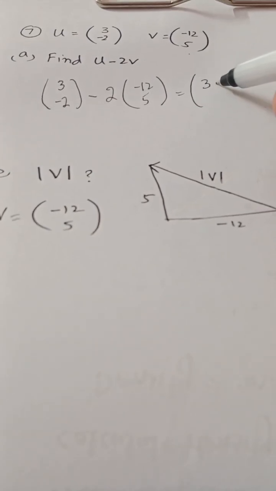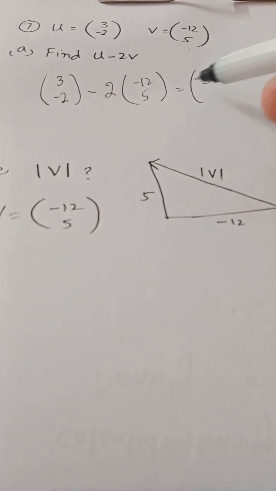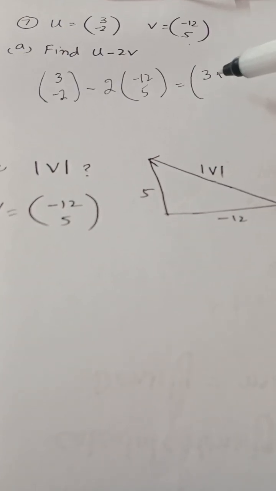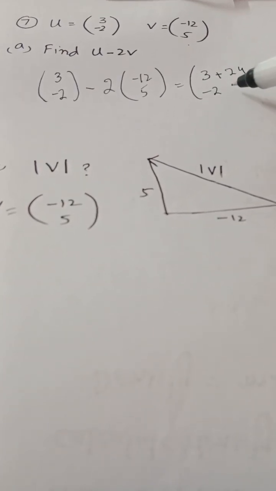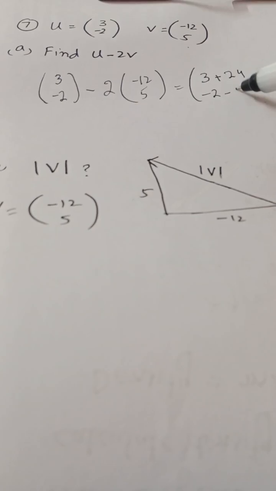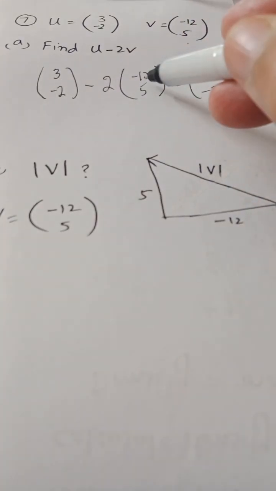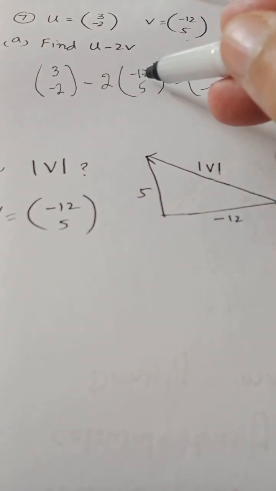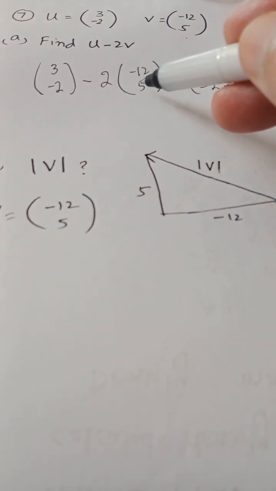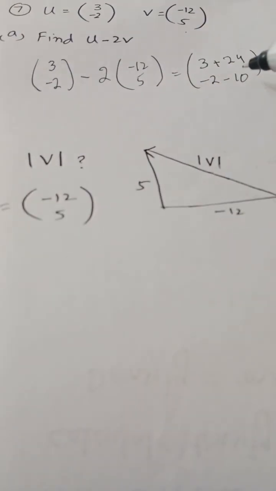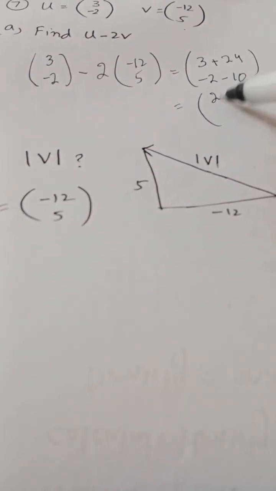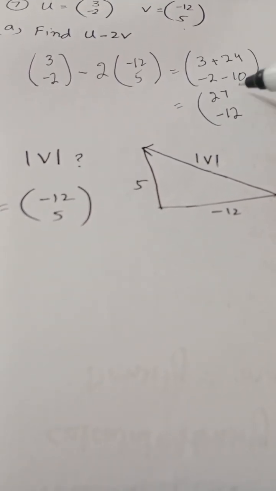We will multiply 2 inside the bracket, that is 12 and 5 with the components of v. So it will become 3 plus 24, and minus 2 minus 10. Then it will become 27 and minus 12.